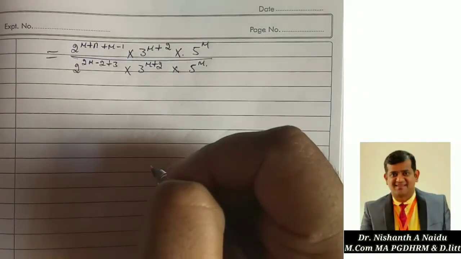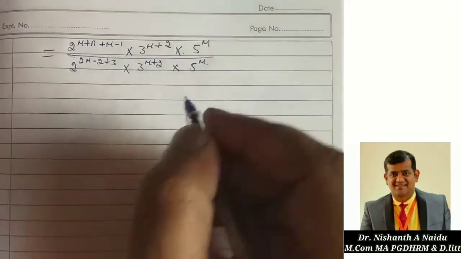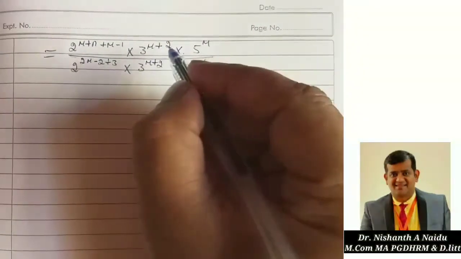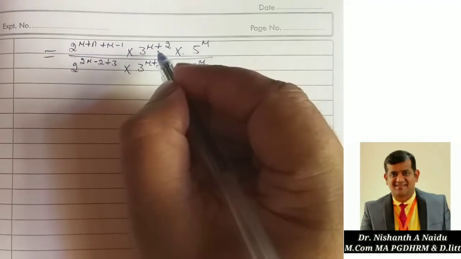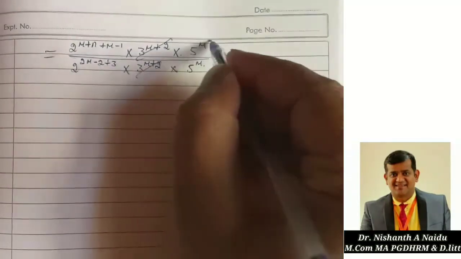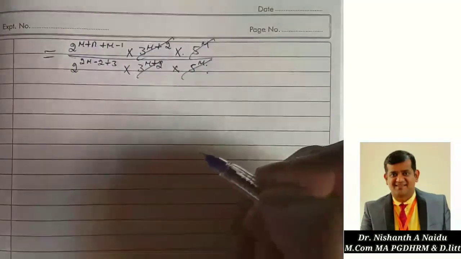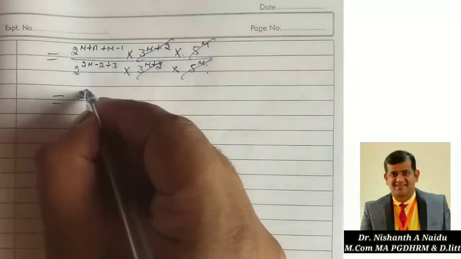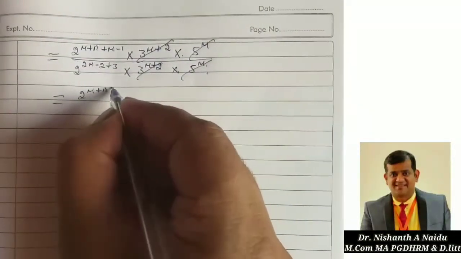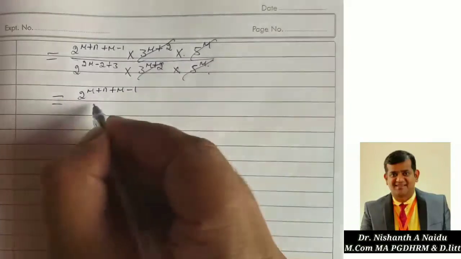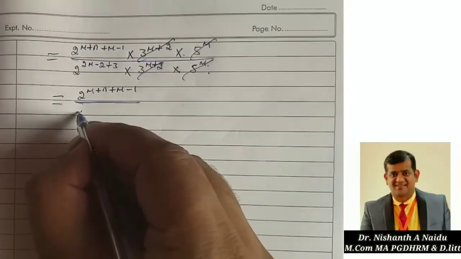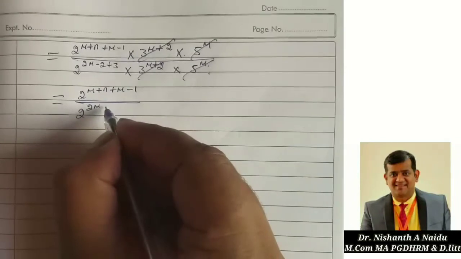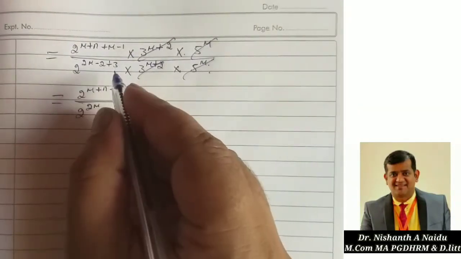Okay, so now here 3 to the power m plus 2 and 3 to the power m plus 2 got cancelled, 5 to the power m and 5 to the power m got cancelled. So what is left is 2 to the power m plus n plus m minus 1 divided by 2 to the power 2m minus 2 plus 3.